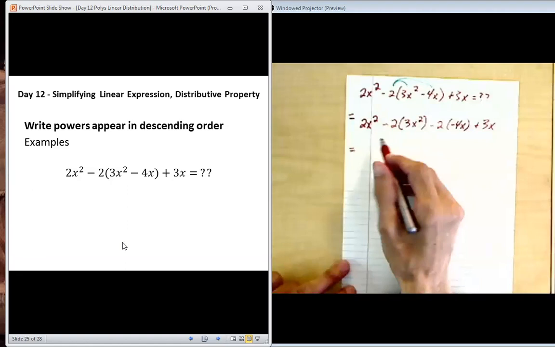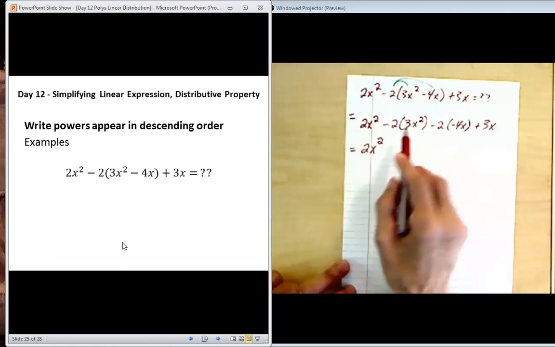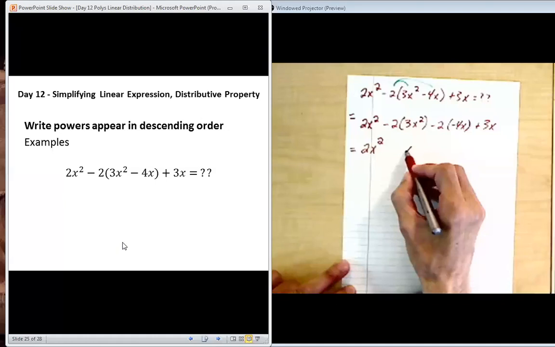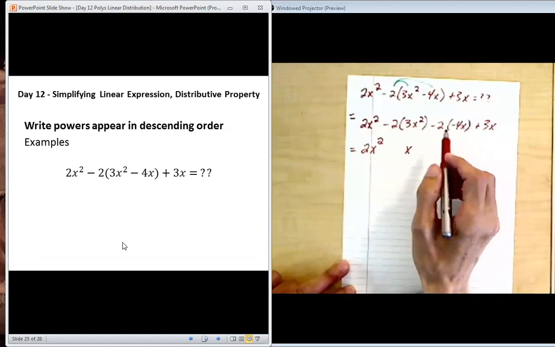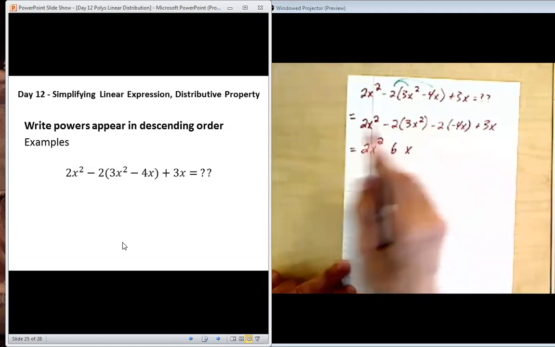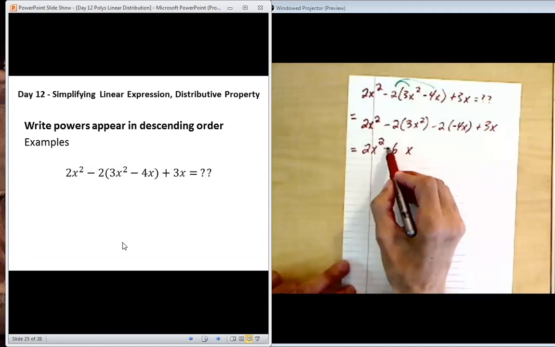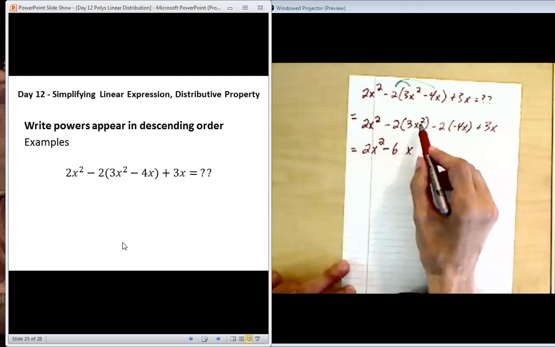Okay, so let's do the multiplying and then we'll collect like terms. What does this thing become? 2 times 3, 6. It's going to be minus times a plus. And then it's going to be x squared as well.